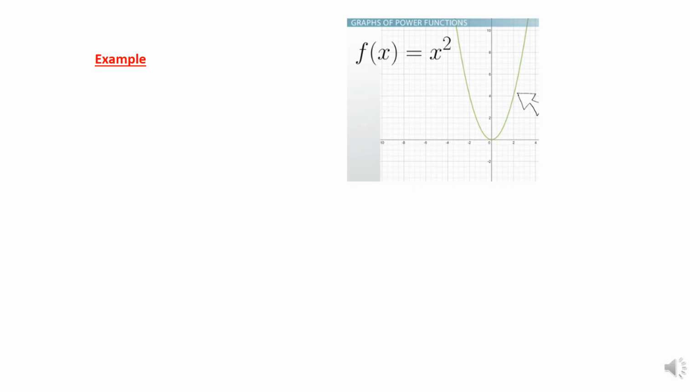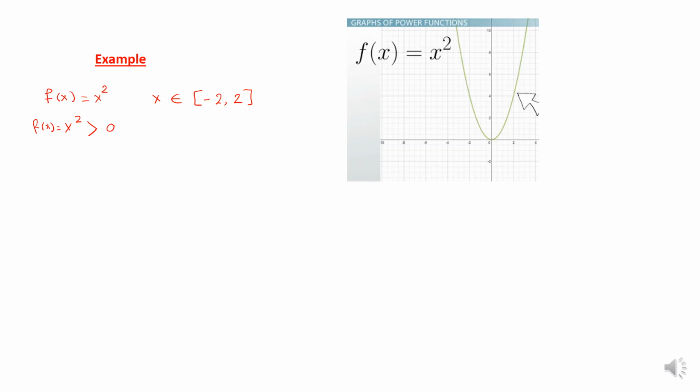Now let's look at a real function. f of x equals x squared. This is its curve, a parabola. We will study it between -2 and 2. So f of x equals x squared, where x belongs to [-2, 2]. Now f of x equals x squared is a positive function.